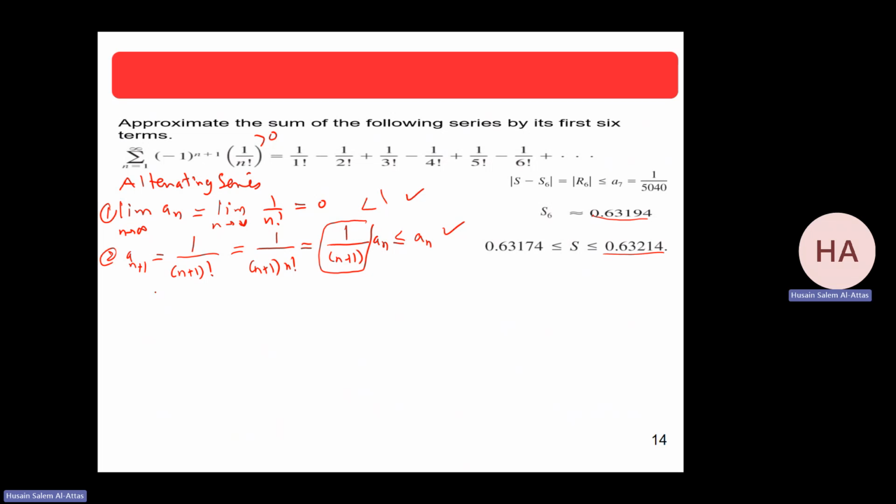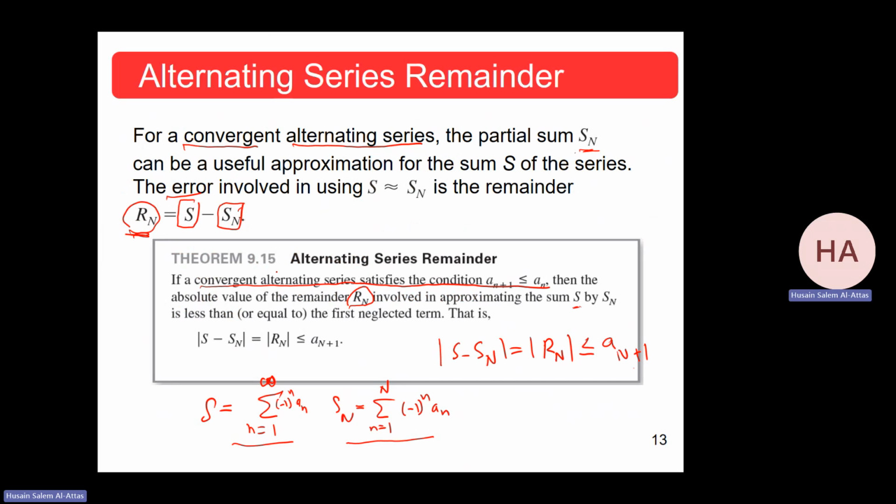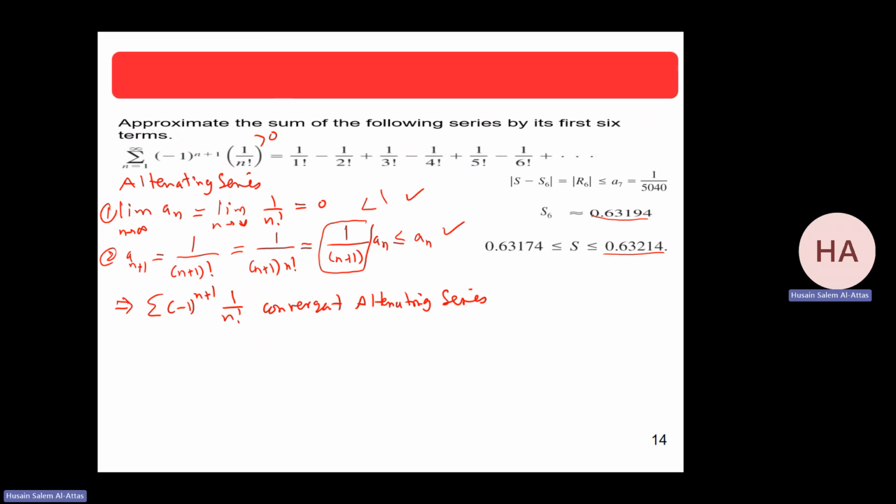So this series is a convergent alternating series. This condition is satisfied. We have convergence right away. What he wants us to do is approximate the sum of the following series by its first 6 terms.